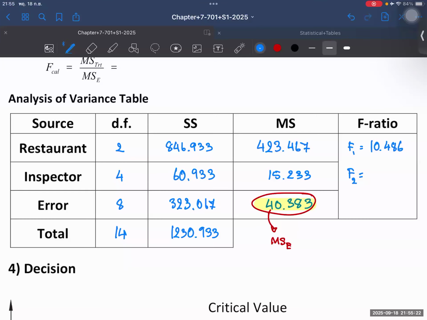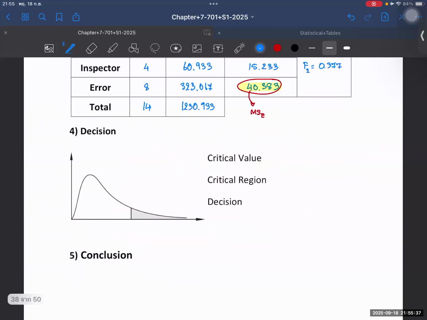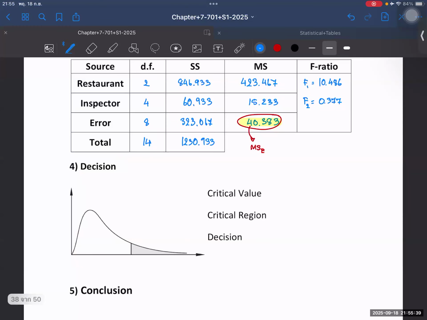So F2 you use 15.233 divided by 40.383. So you get 0.37 and 7. Okay. Okay, right now we go to see the critical value.